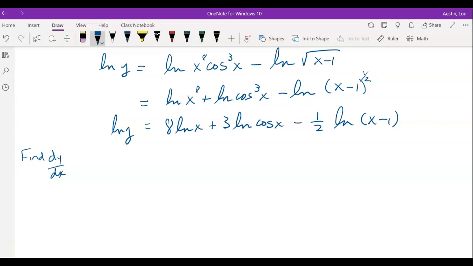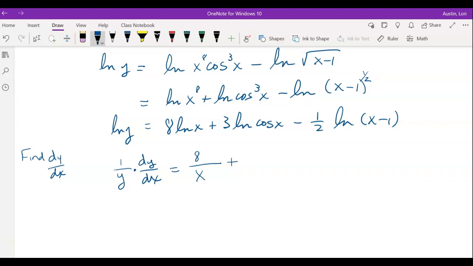The derivative of the natural log of y, of course, is 1 over y times dy/dx from implicit differentiation. How about 8 ln x? Well, that's just going to be 8, and then the derivative of ln x is simply 1 over x times, of course, dx. We don't need to write that.